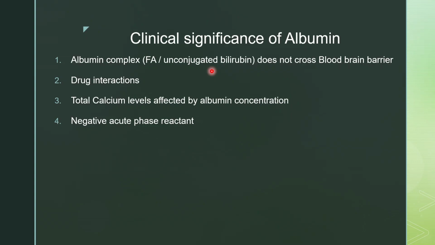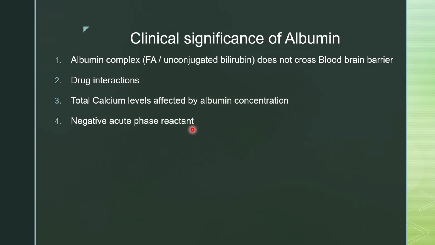Negative acute phase reactant. Albumin also is a negative acute phase reactant. The term acute phase reactant means it's a reaction by the body which occurs in an acute setting, for example, inflammation, acute fever. Whenever acute inflammation takes place, the body reacts with certain parameters which are produced. For example, C-reactive protein is a positive acute phase reactant.